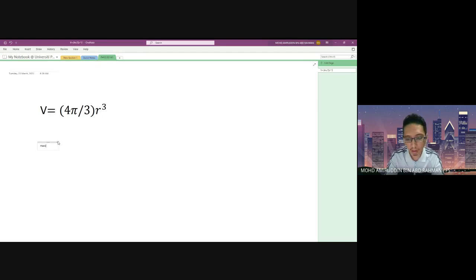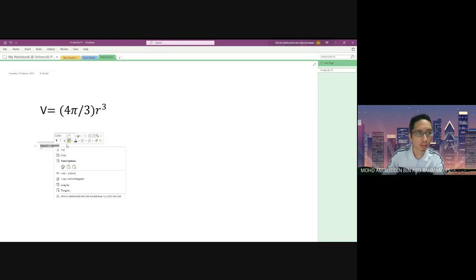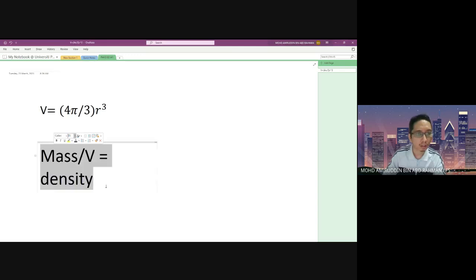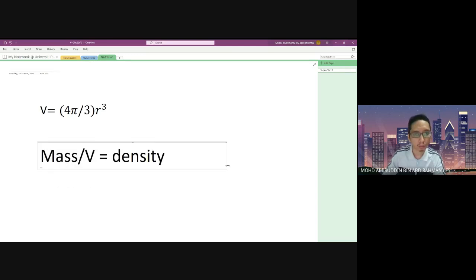So mass over volume equals density, so volume equals mass over density.